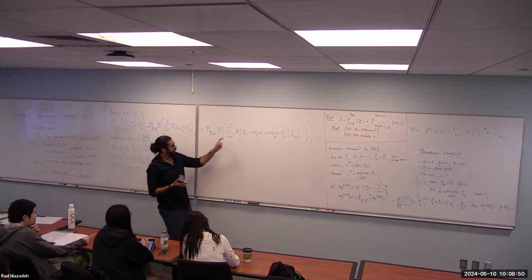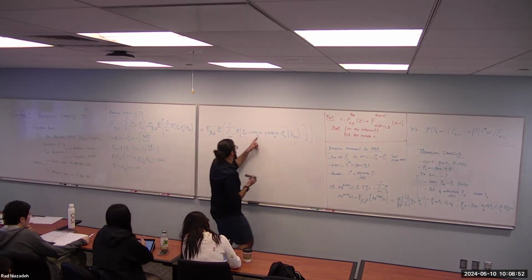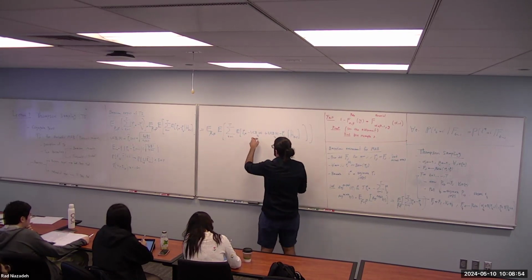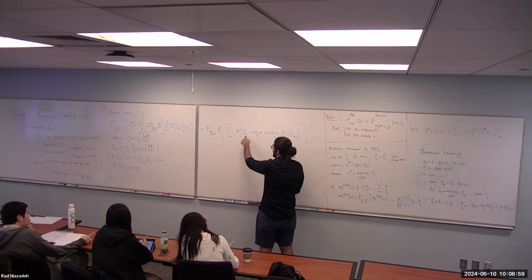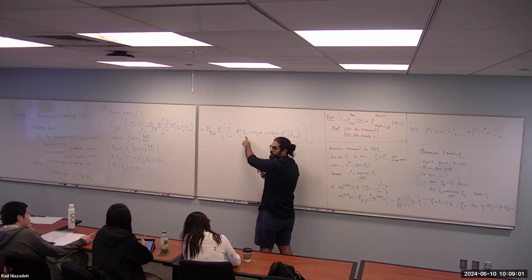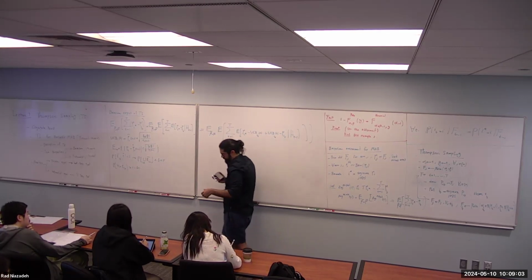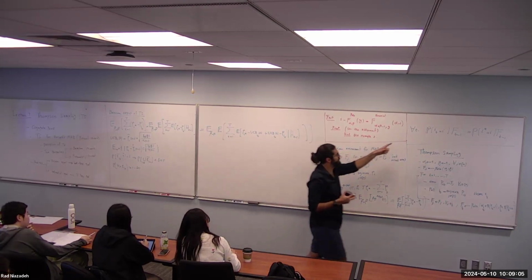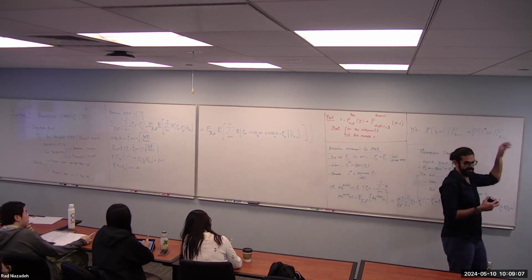So now that I have probability matching, I can replace I_t with I star.